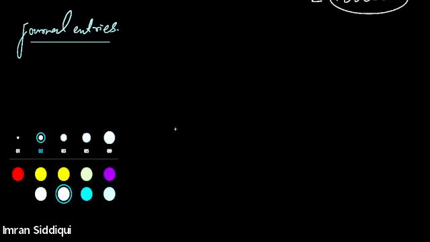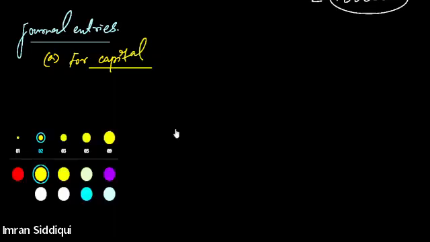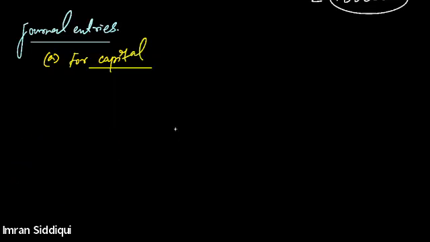First general entry will be for capital. I'm presuming that he will be bringing capital by way of cash. So cash account debit to Charu's capital account.